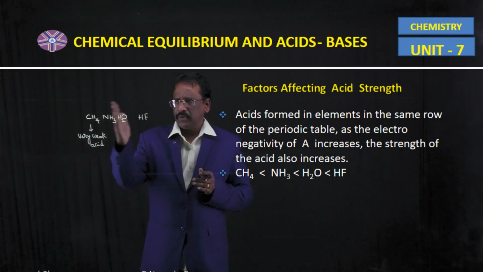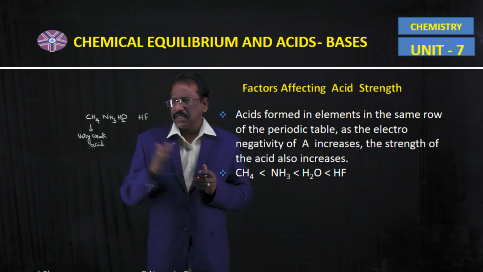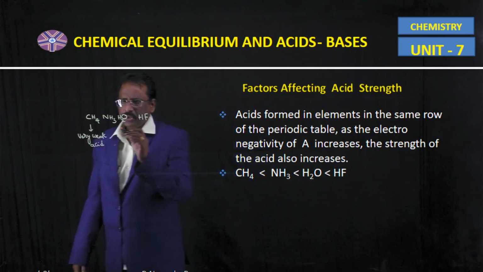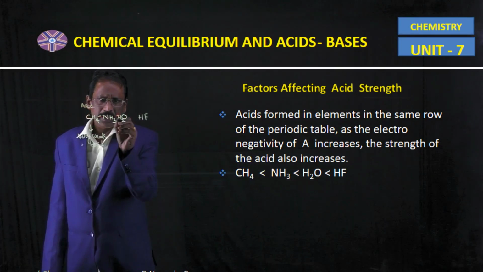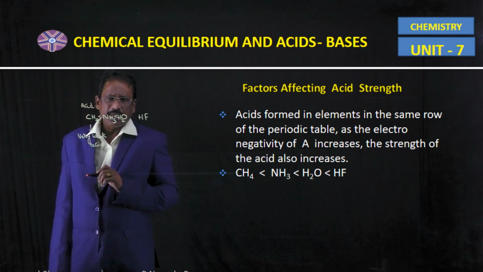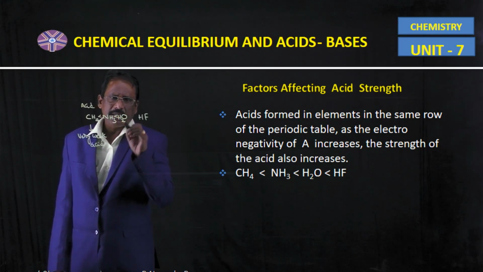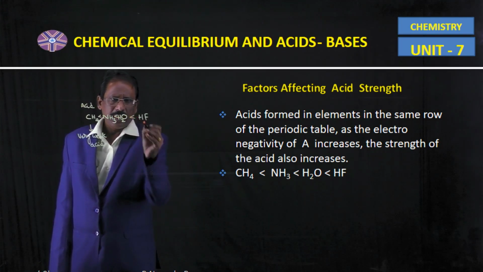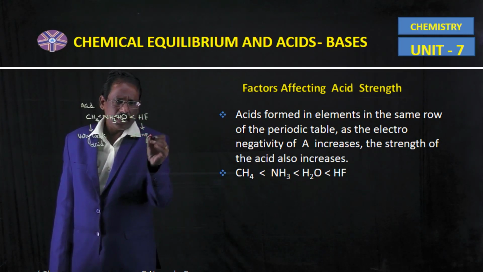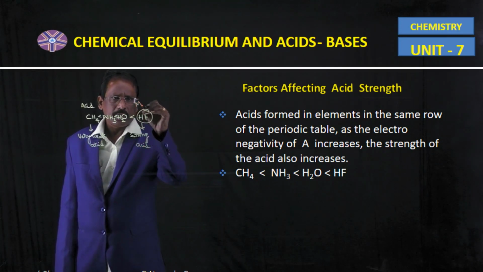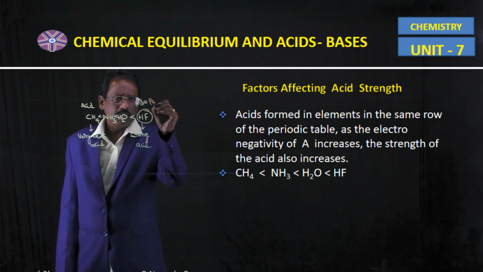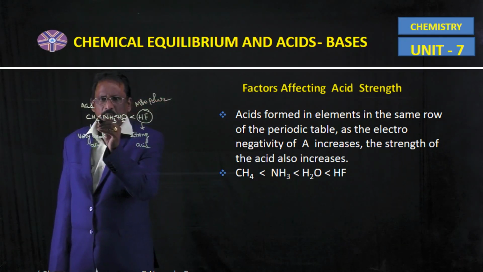So electronegativity increases, so the strength of the acid also increases. So this is a weak acid when compared with ammonia. Ammonia acts as a weak acid when compared with water, and finally HF acts as a strong acid because this bond is more polar. Here this bond is non-polar.